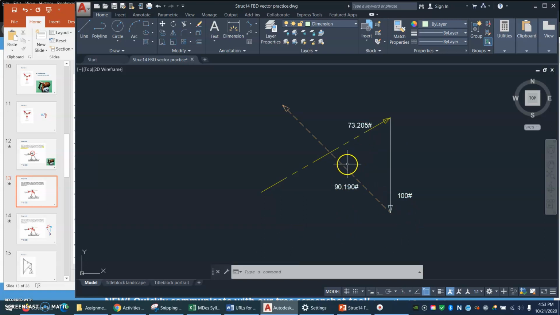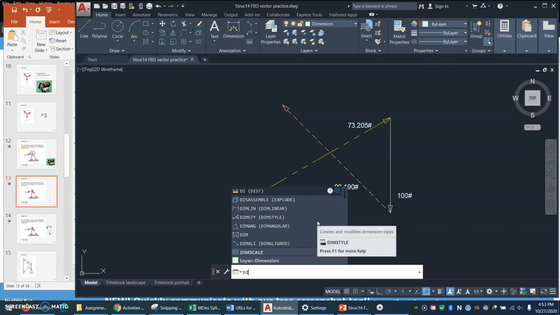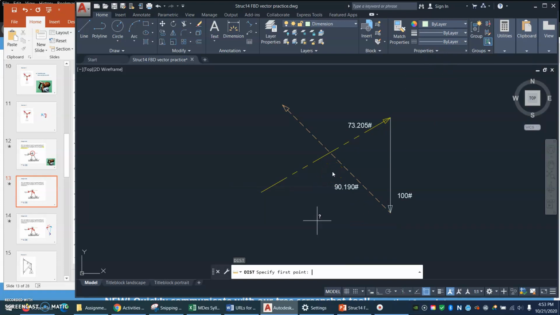And one more thing, if I didn't want to use aligned dimension, I could use this distance command again, distance. And what I'm going to do is just type DI for distance, because I'm a typing person. And now it wants me to just specify the 2 points. One there, and one at that intersection.